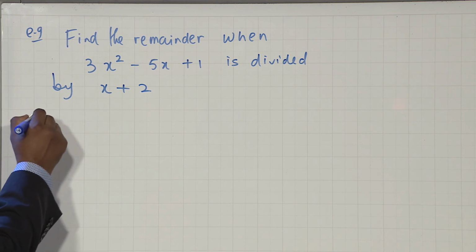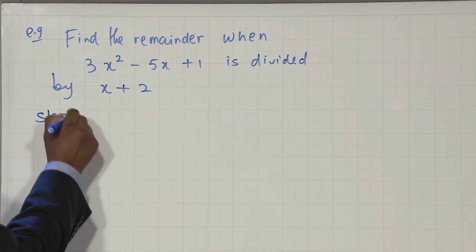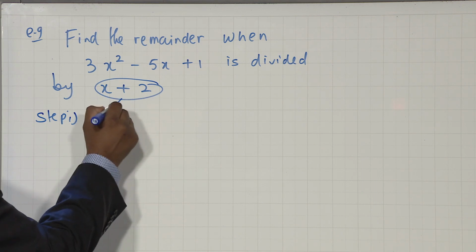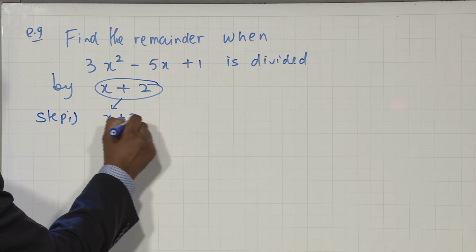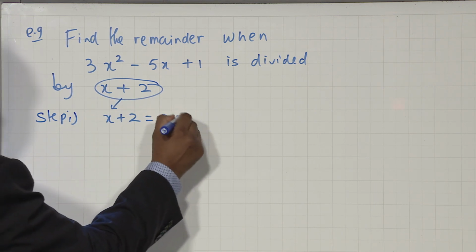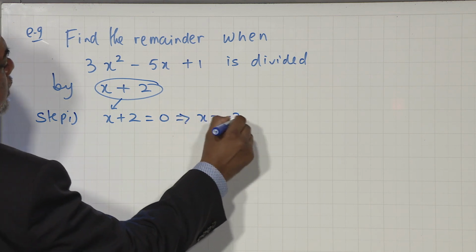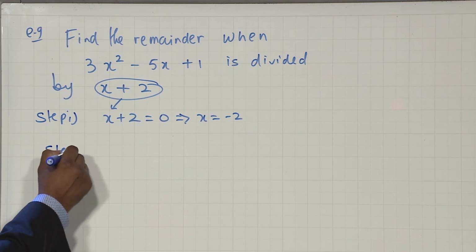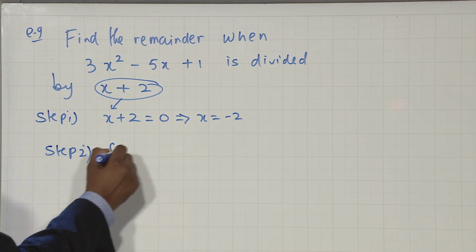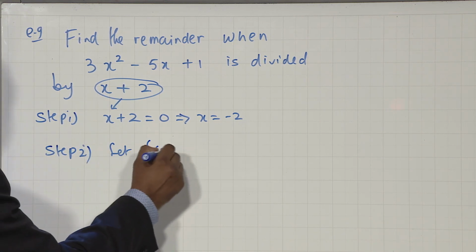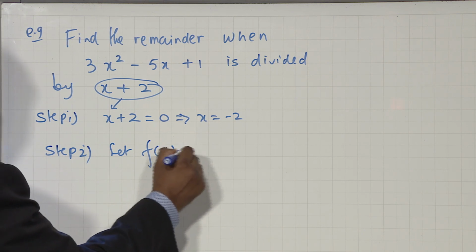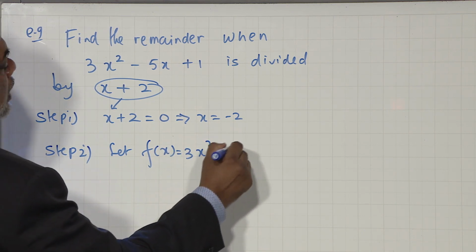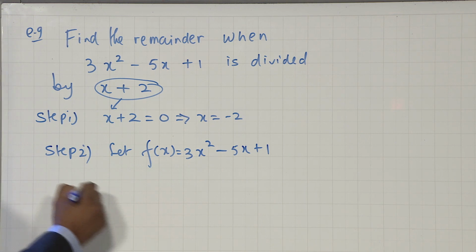So remember, what was the first step? It was to equate the divisor to 0 and obtain the value of x. Right? What is step 2? We can start by saying let f(x) equal to 3x squared minus 5x plus 1.